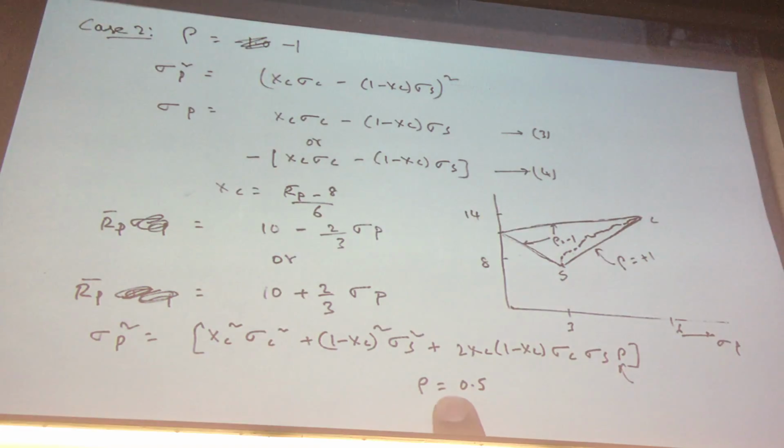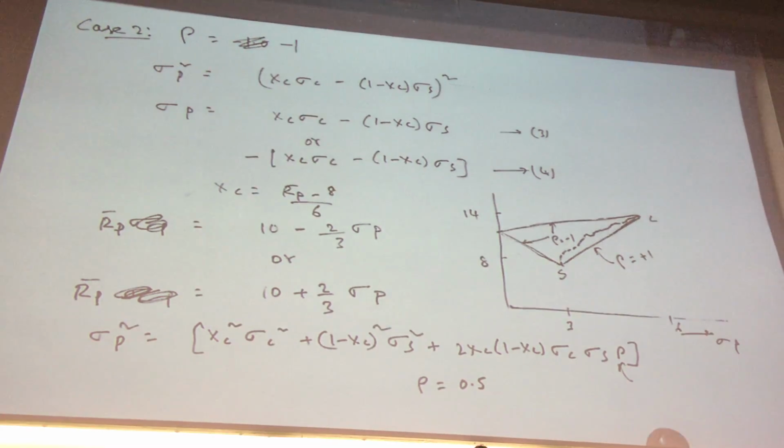But when you use rho equals 0.5, let us see how the graph is going to look. Any questions at this point? No? Are you following? Good. I would like to verify whether I am clear or not.